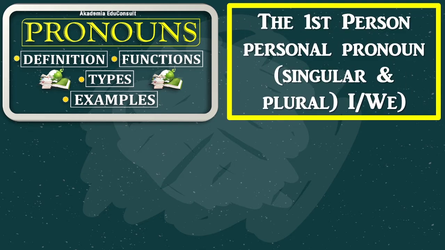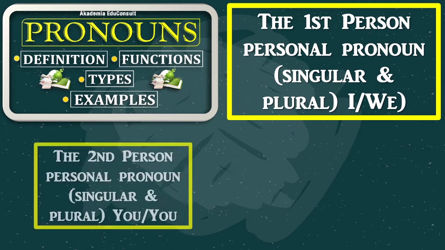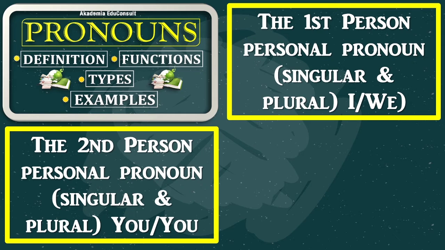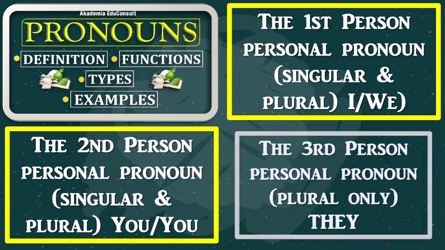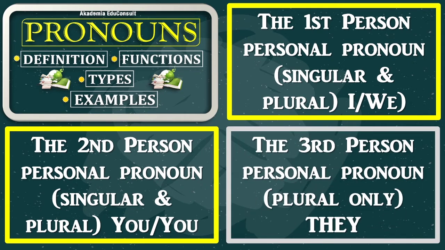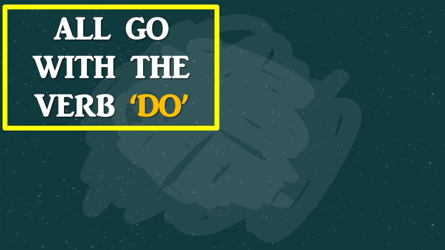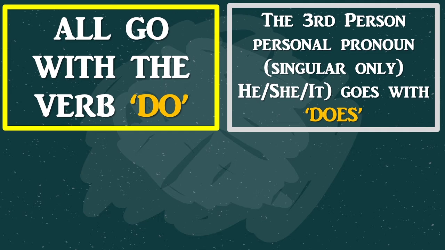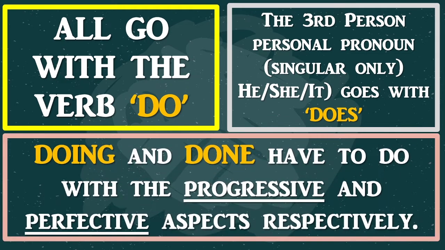The first person personal pronoun, either singular or plural, that is I and we, the second person personal pronoun, that is you, and the third person plural pronoun, that is they, all go with the verb do, while the third person singular pronoun, that is he, she, or it, goes with does.